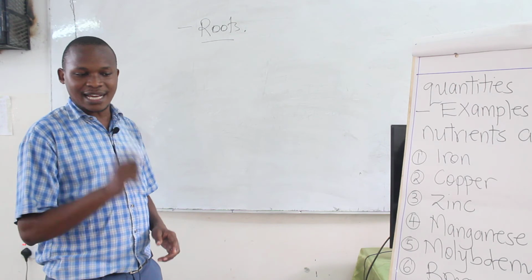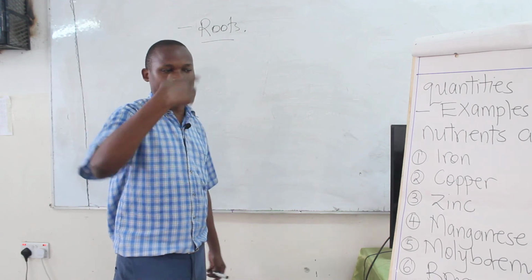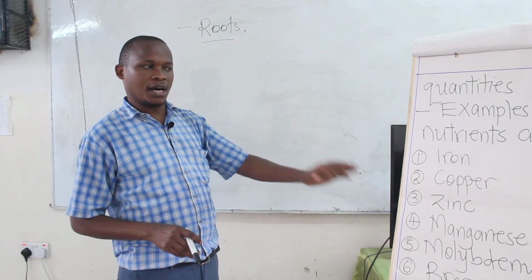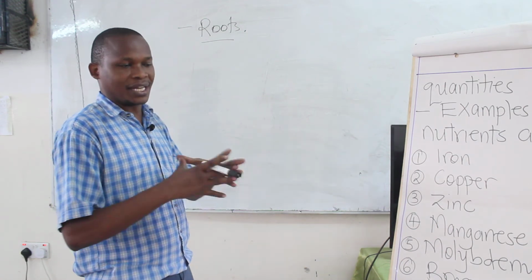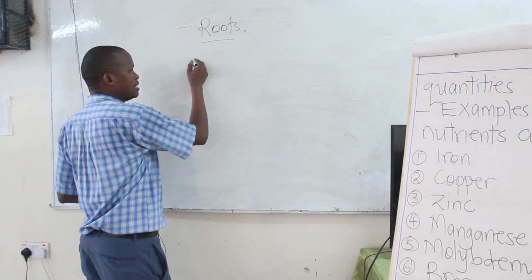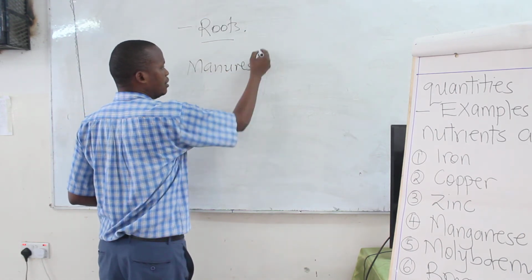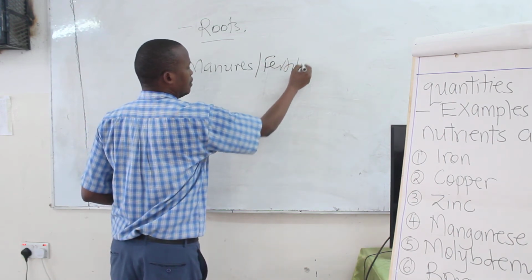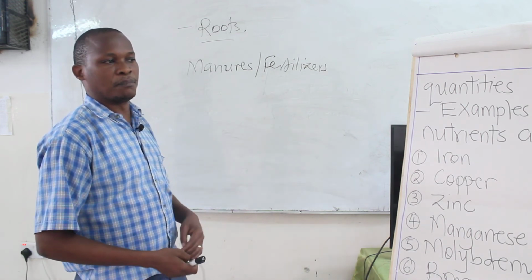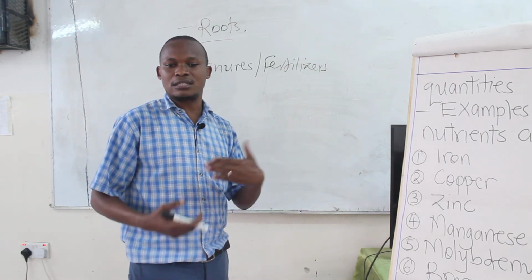Now, in our next lesson, I need to tell you this so that you can go and read ahead. Next time, we will see where we can get these plant nutrients, and we will be discussing manures, that is, the fertilizers. We will see the different ways of improving soil fertility, because as we have seen, soil can lose its fertility.